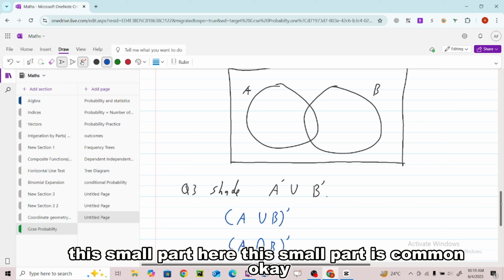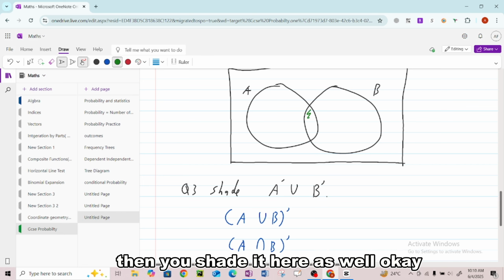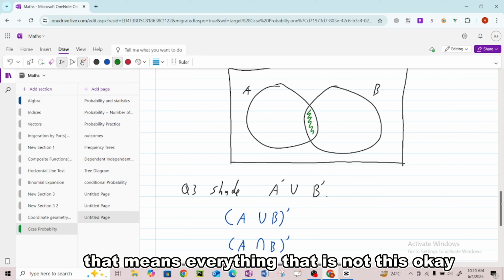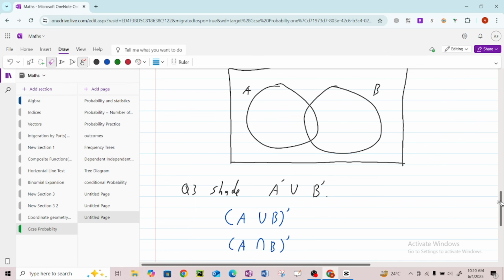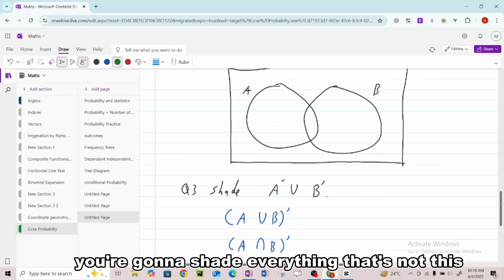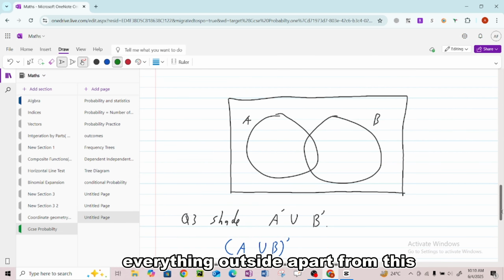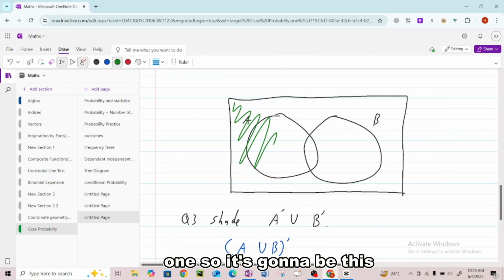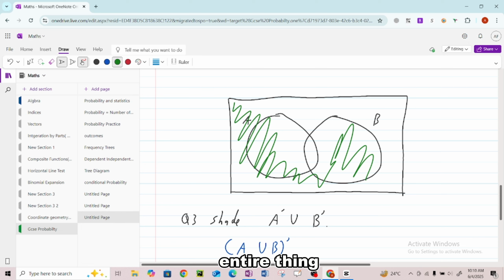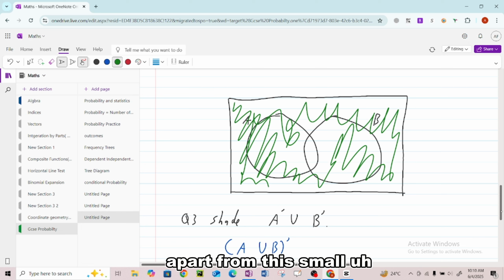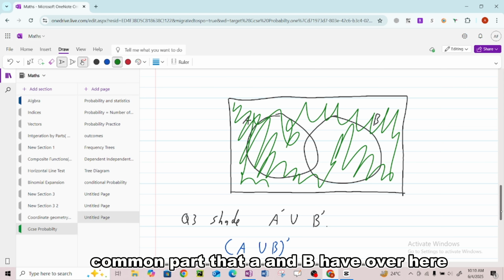But they said A intersection B not, which means everything that is not this. So let me erase that part. You're going to shade everything outside, apart from this small common part that A and B have.